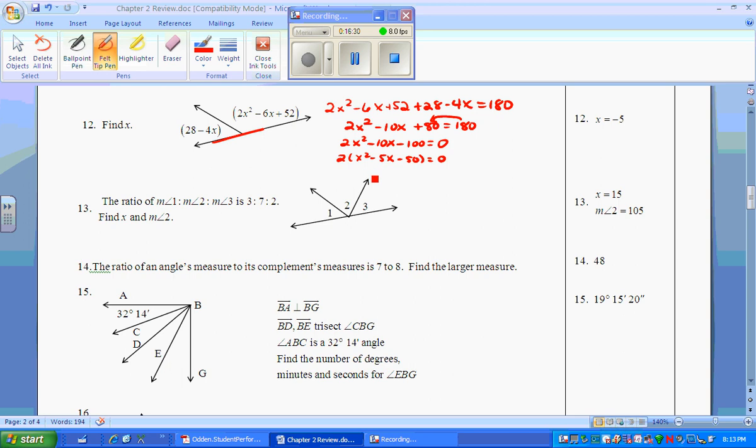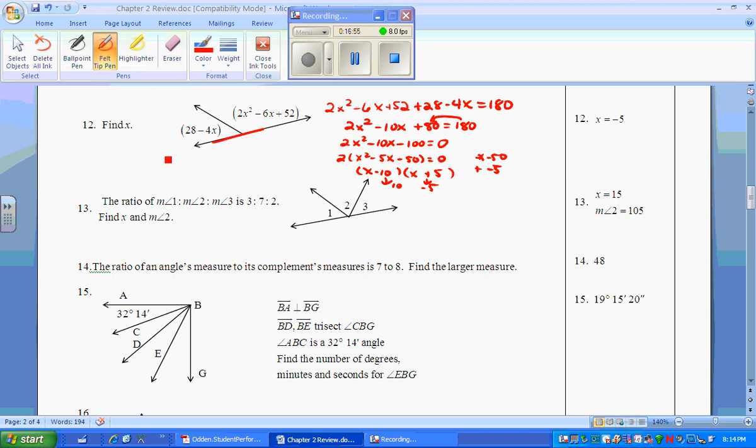So now we need to factor this, it has a leading coefficient of 1. So we could go right into x and x. When you multiply two numbers that multiply to negative 50, but add to negative 5, it's negative 10 and positive 5. So this answer is 10. This answer is negative 5. Got to make sure they both work.